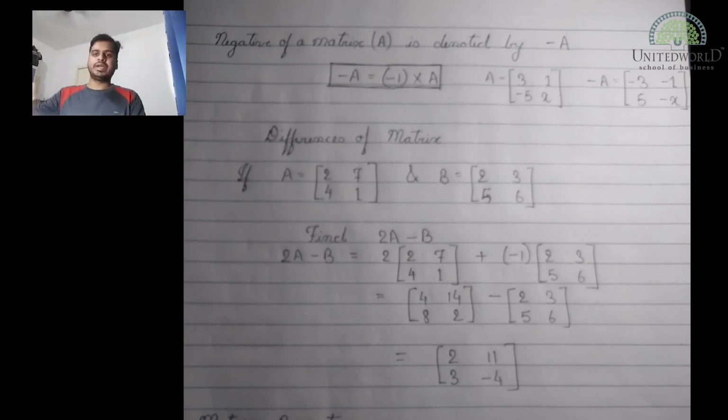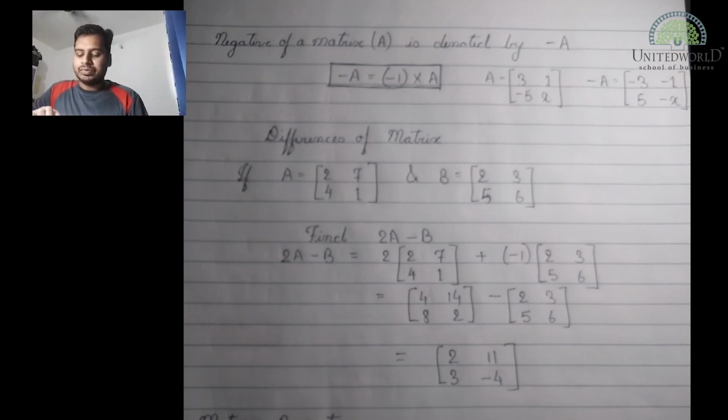If you are told to find the matrix we get by multiplying A by 2 and subtracting B from it, you have to find 2A minus B. Now 2A minus B means you multiply the matrix A by 2, that is the scalar multiplication of a matrix, and then subtract B from it.